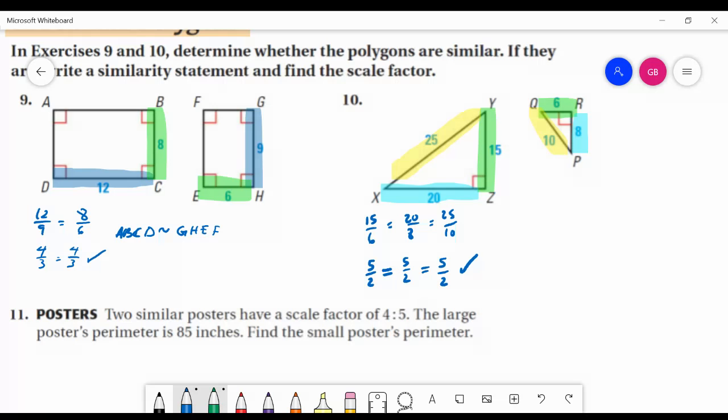Okay, so that means that triangle, we could call the first one XYZ, is similar to PQR.